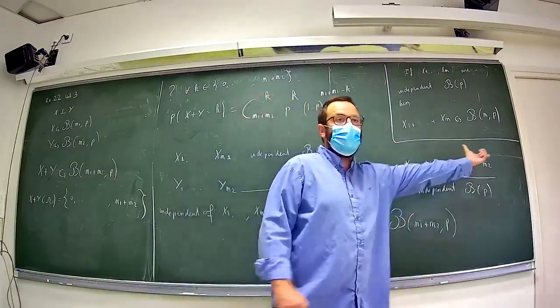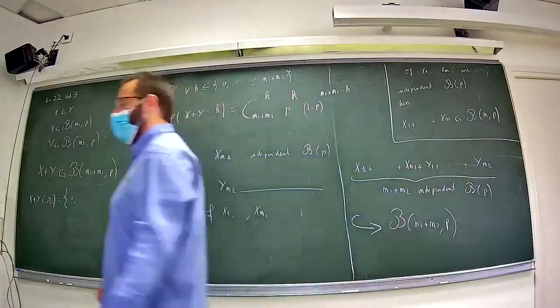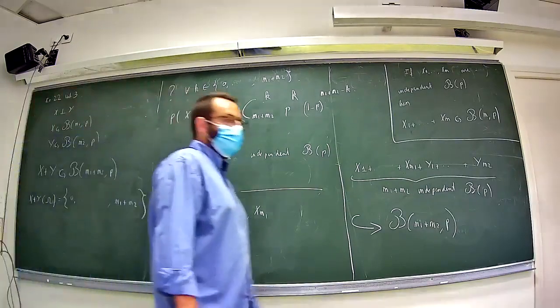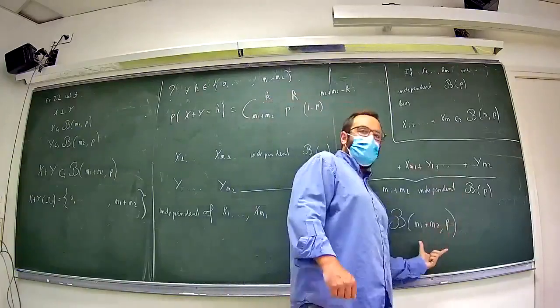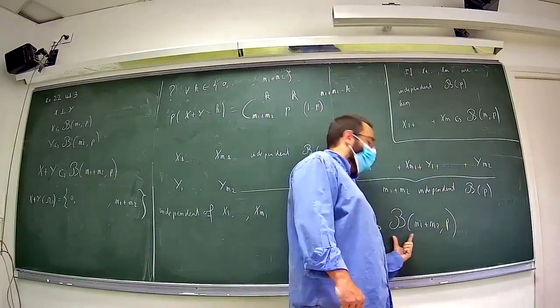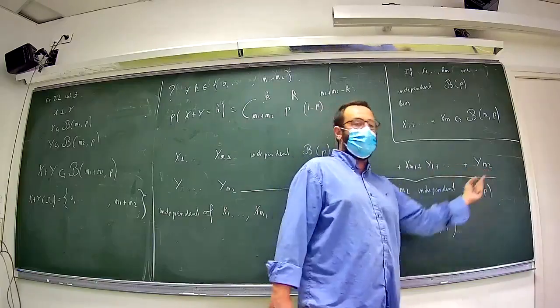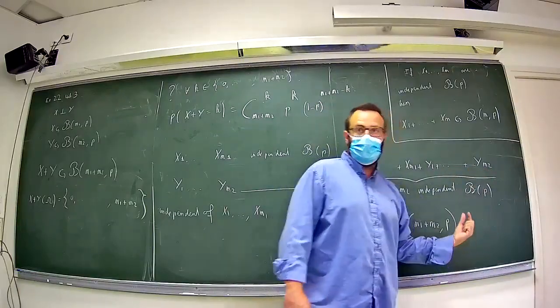So if I do the sum of all of them, they are independent random variables following the Bernoulli of parameter p. From the result in the box that we put together during the previous session by induction, this sum follows a binomial with parameters the number of terms in my sum, and p.